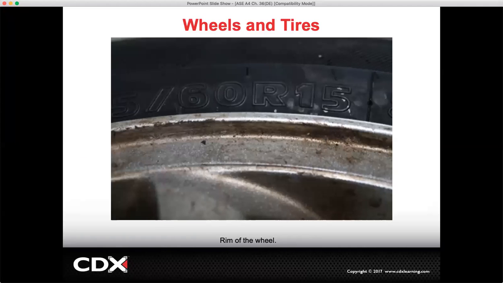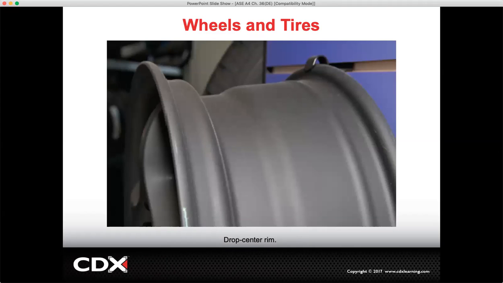The wheel itself. The rim of the wheel is the outer circular lip of the metal on which the inside edge of the tire is mounted. So here we have the lip of the rim, or the rim of the wheel. Rim width is the distance across the inside of the rim. Flanges at the bead seat.